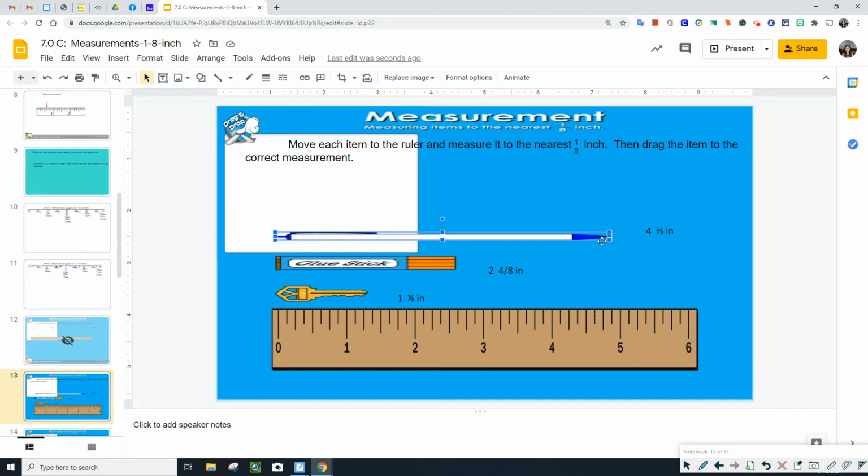So this is 4/8 right here: 1/8, 2/8, 3/8, 4/8. These are already broken into eighths, and then my 5/8. If I look at my glue stick, it's 2 and 4/8. Here's my 2, so this glue stick is in between 2 and 3 inches. Here is my 4/8 right there if it's lined up to that 0.